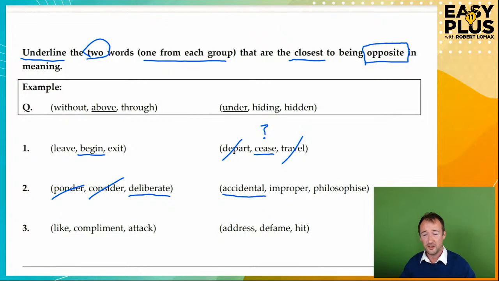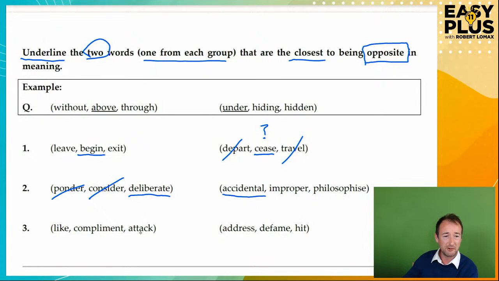Look out for words that can have different meanings depending on what part of speech they are. So to deliberate is a verb, deliberate is an adjective, meaning on purpose, and that can sound different. Deliberate, deliberate.